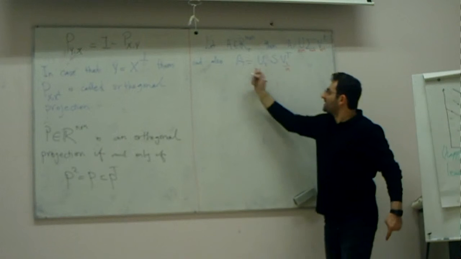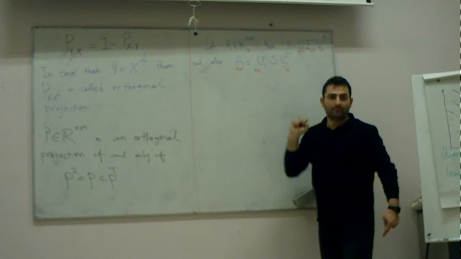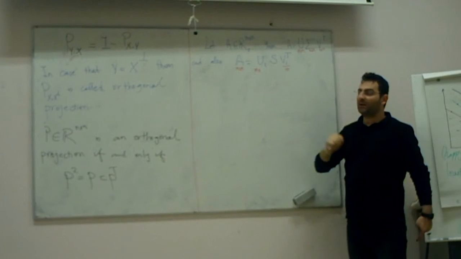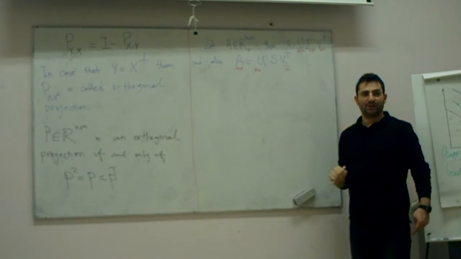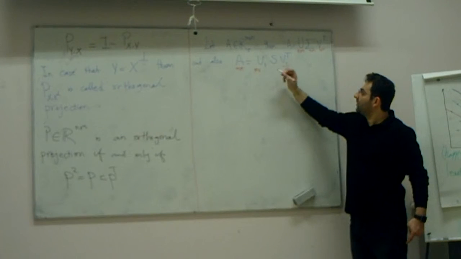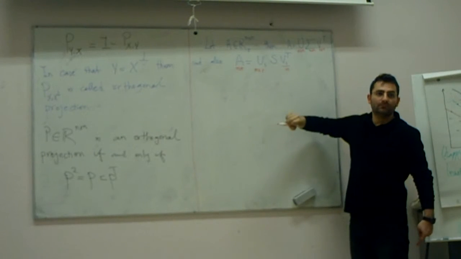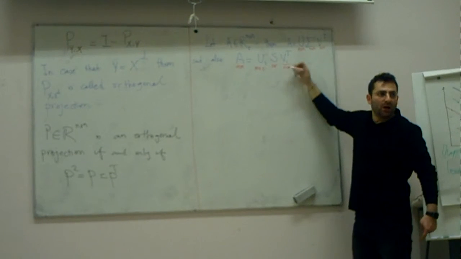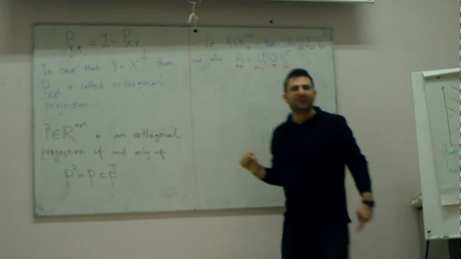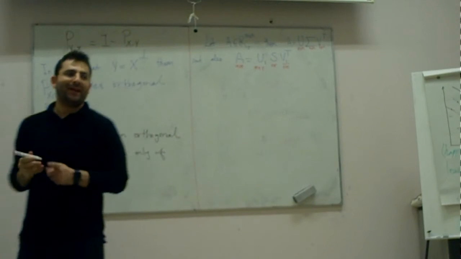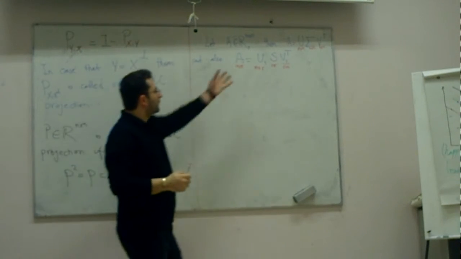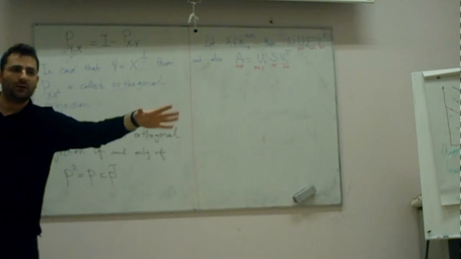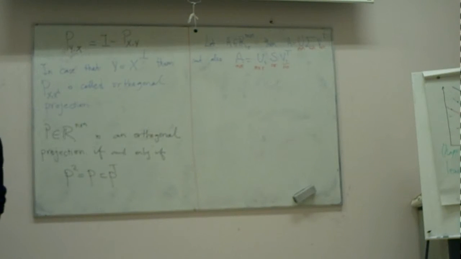Why? Because as a result, this should be m by n. But what about the term that we have in here? What is the size of this? It is r by r. This is actually n by r, but with the transpose it will be r by n. What is r? The rank. If you remember, we could shrink it based on the rank, and you can ignore all those singular values which are 0.